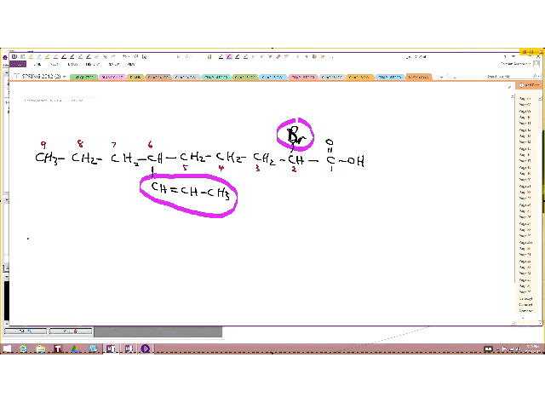And then, of course, you have bromine in position number 2, so that becomes 2-bromo, 6-propenyl, okay? 6-propenyl, and then the nonanoic acid. This group here, okay, this is coming from propene.